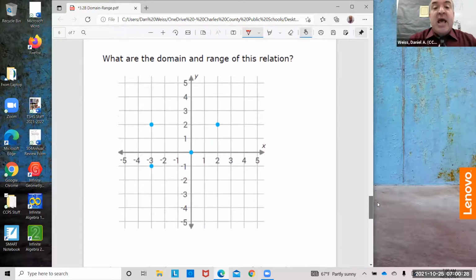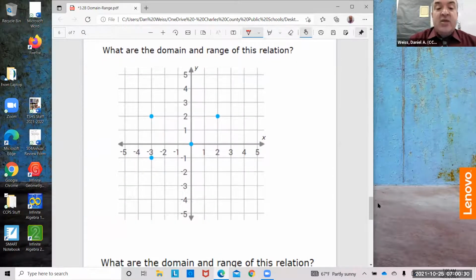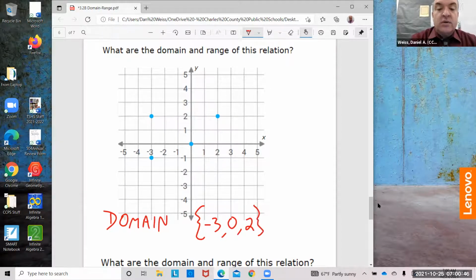What are the domain and the range? Well, domain, the x values. What are the x values? The x values are -3, 0, 2. What's the range?